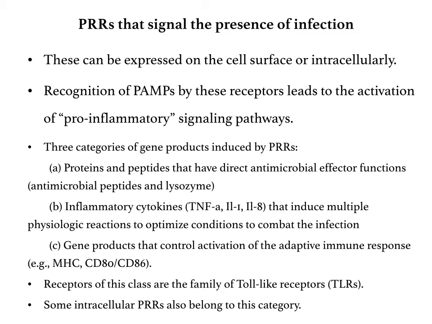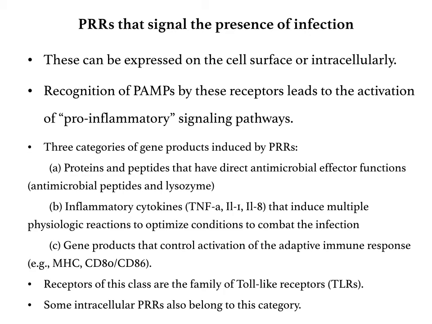The second gene products that are important are the inflammatory cytokines, that is tumor necrosis factor alpha, interleukin 1 and the chemokine, interleukin 8. All these induce multiple physiological reactions which optimize the conditions to fight the infection.